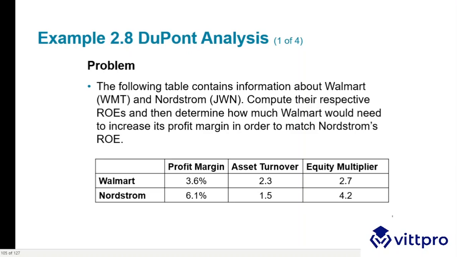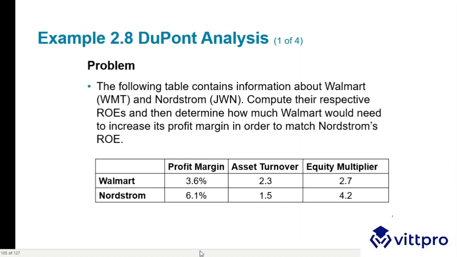So let's say how much profit margin they should be able to get if they want to increase their return to 38%, same as Nordstrom. How much should their profit margin be? Assume profit margin is X, multiply by asset turnover 2.3, multiply by equity multiplier 2.7, and then you divide 38 point whatever percent by that, right? 38 divided by 2.3 divided by 2.7, increase the profit margin to 6%.